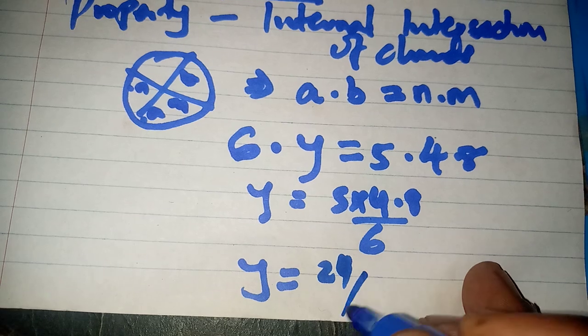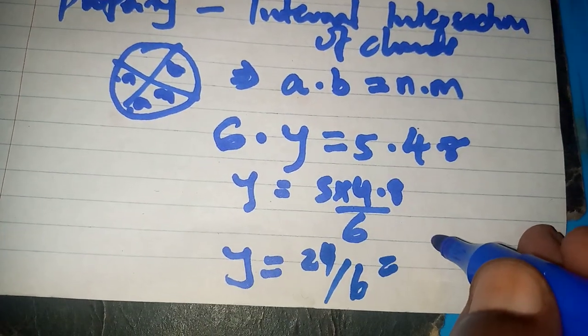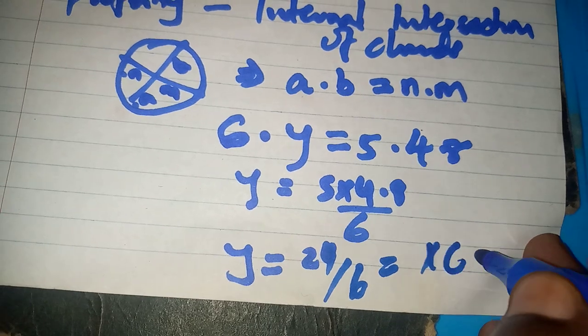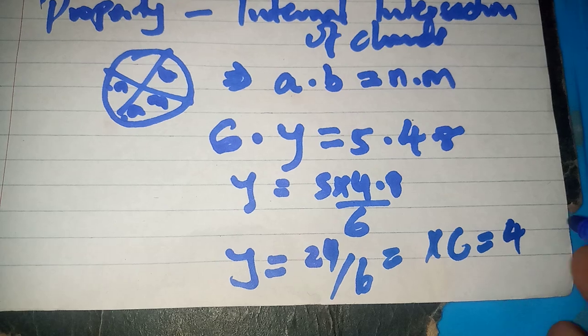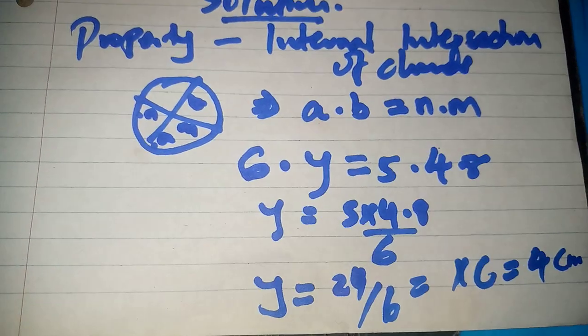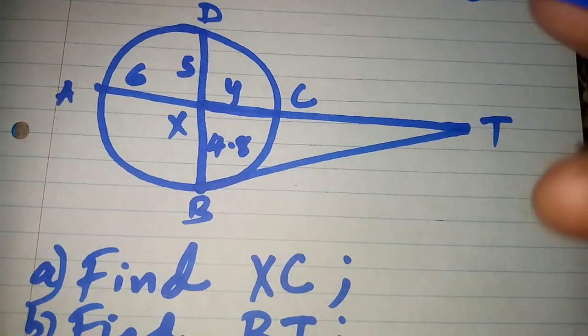Then 24 divided by 6. Of course, the length of xc will be 4 centimeters.